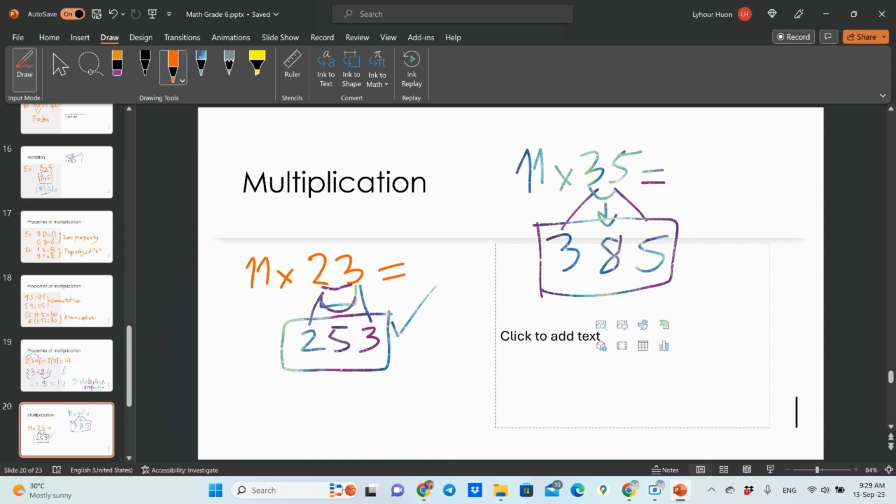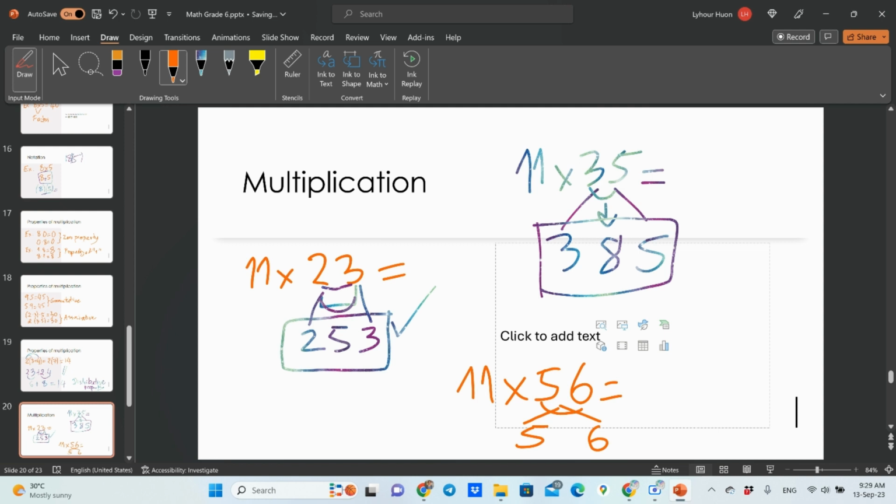Sometimes you need to carry, for example 11 times 56. What is this answer? Put 5 and 6 at the sides, and 5 plus 6 is 11.